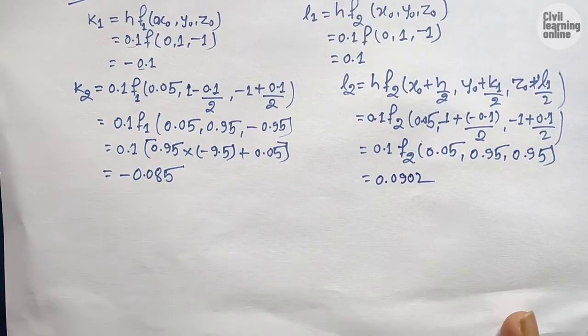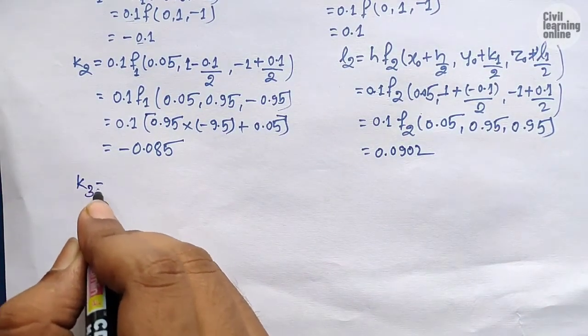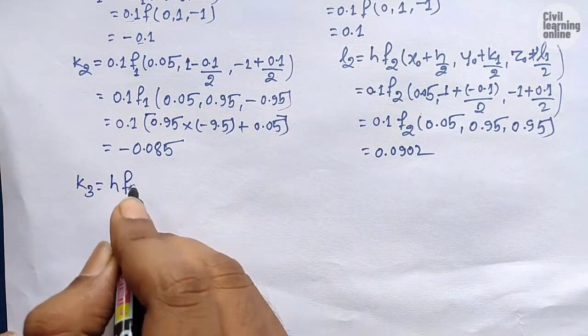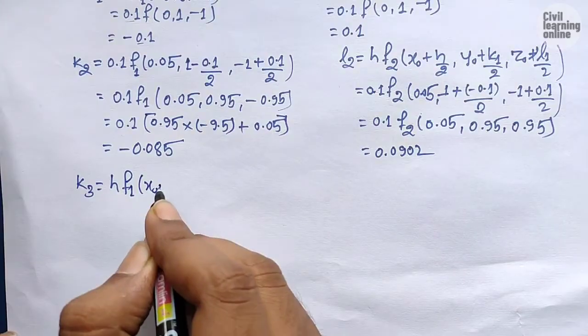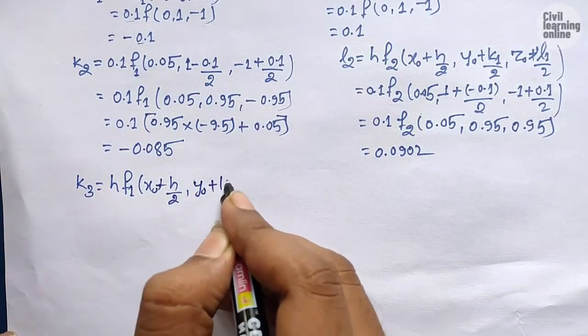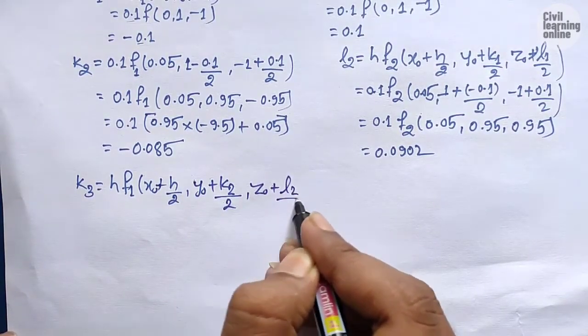Now it is time to calculate the value of k3, and we have the formula for k3, which I have already discussed previously. So h f1 (x0 + h/2, y0 + k2/2, z0 + L2/2).